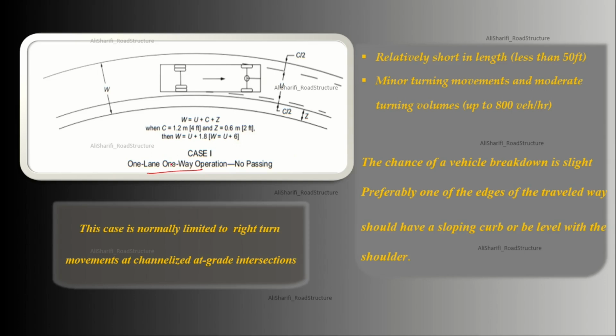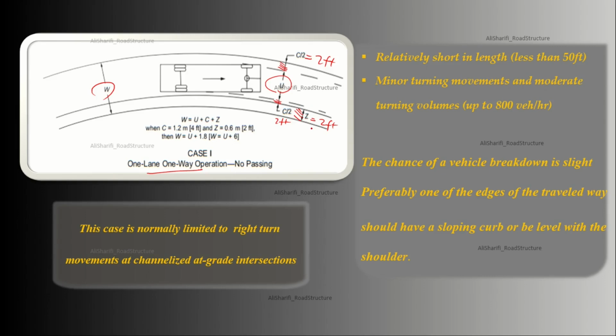The width in this case is made up of two lateral clearances, each equal to 2 feet, and extra width that accounts for difficulty of driving in curves, which is also equal to 2 feet, plus the width of the design vehicle while it is making its turn.